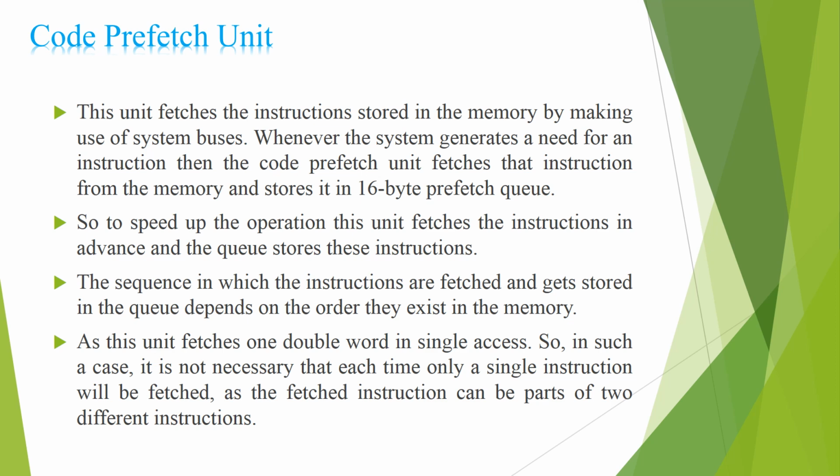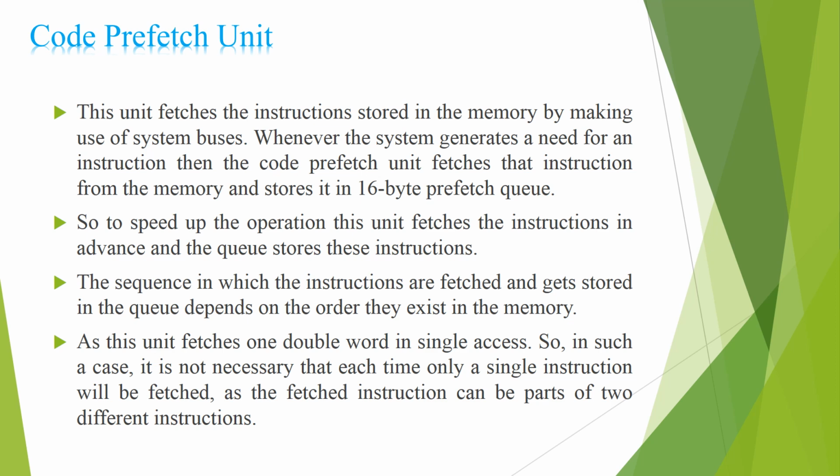So, to speed up the operation, this unit fetches the instruction in advance, right? And the queue stores this instruction. This queue is called a prefetcher queue. The sequence of instructions in which they are fetched and stored in the queue depends on the order they exist in memory. It depends on the actual address they are stored at in memory.